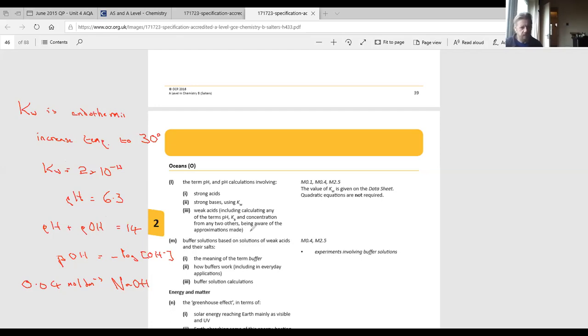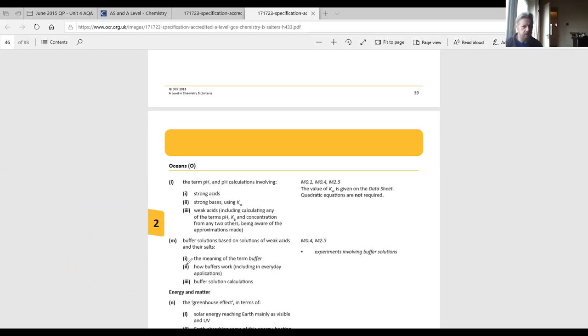Now the only thing left, which is the hardest bit, is this: how buffers work and the calculations. They're based on weak acids. Notice there's no basic buffers. Oh goodness, they used to try and put that on the syllabus.